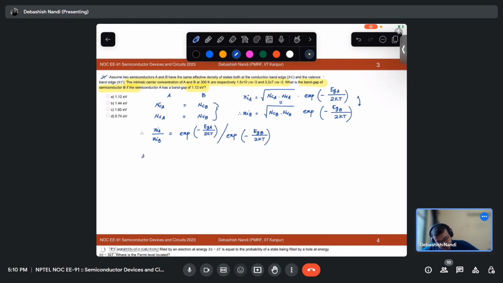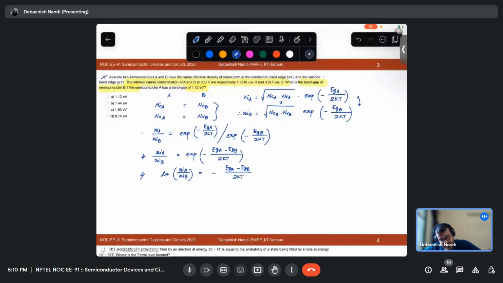Then NIA over NIB is exponential of minus (EGA minus EGB) over 2KT. Fine. Then if I take log on both sides, what will I get?